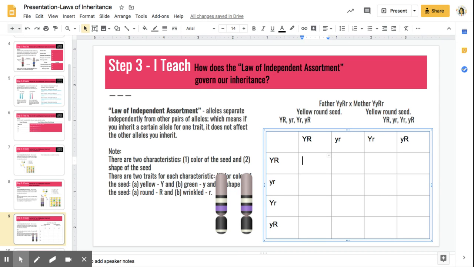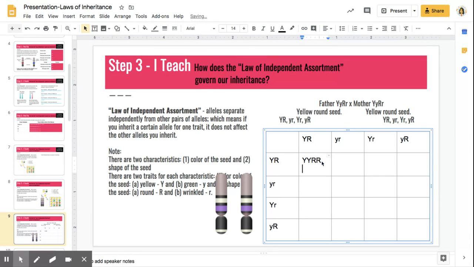So coming from the father, coming from the mother, we only have both dominant alleles for the color, which is yellow. So we're going to write yellow. And then both dominant for the shape. So the phenotype of this is yellow round.